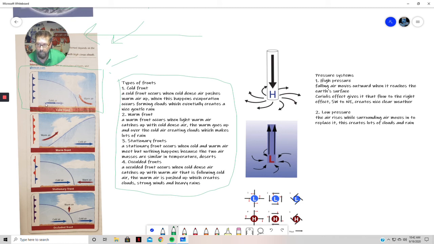So the cold air, as it comes moving in, is going to push the warm air up. The warm air wants to rise anyway, so it doesn't mind at all. But that friction, that rubbing of the two air patterns, and all this warm air, remember, it's going to be full of evaporated water. It's going to have lots of water in gas state. And when it carries it up and it starts to cool, it's going to form clouds.